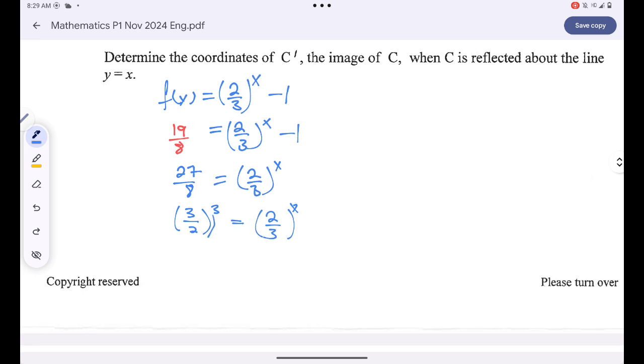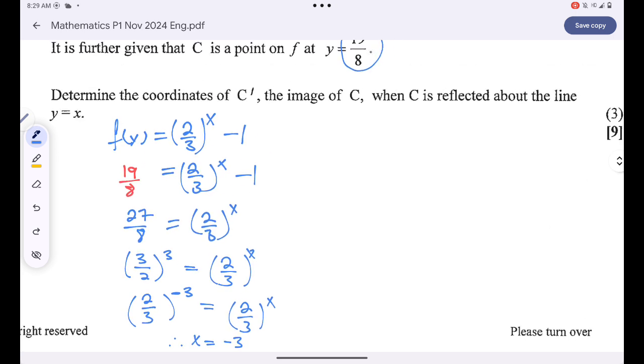However, I can change this base to look like this. But if I flip the number inside the bracket, the sign of the exponent must change. So for me to write this as 2/3, the sign of the exponent must change. And then this is (2/3) all raised to the power x. And now, guys, my bases are the same. I can therefore conclude that the exponents are equal.